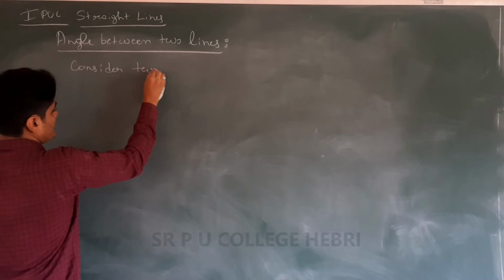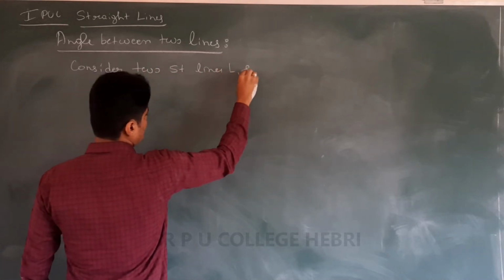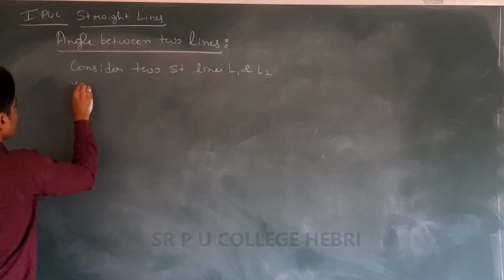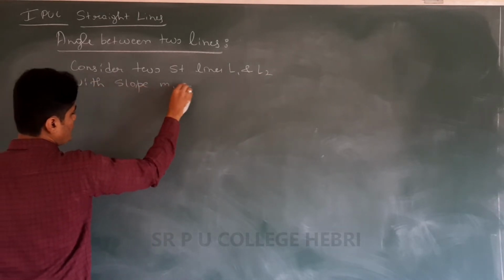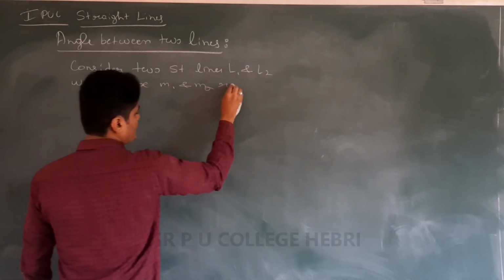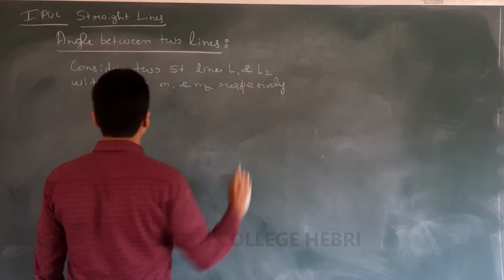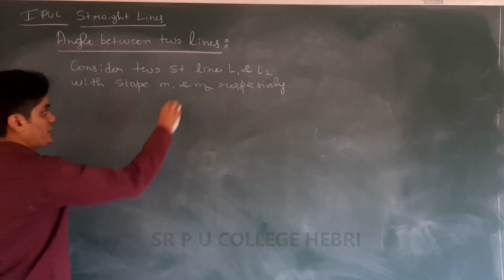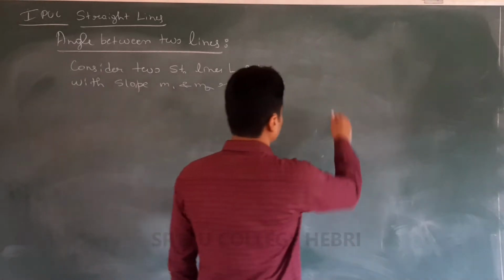Consider two straight lines L1 and L2 with slopes m1 and m2 respectively, like this.